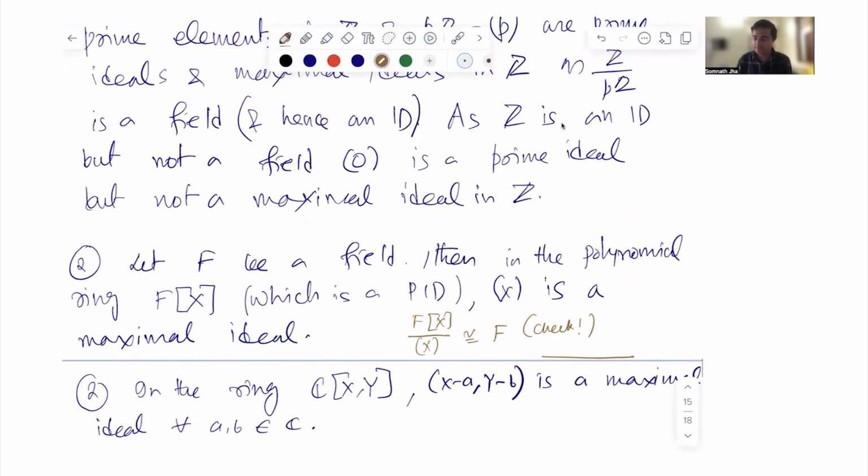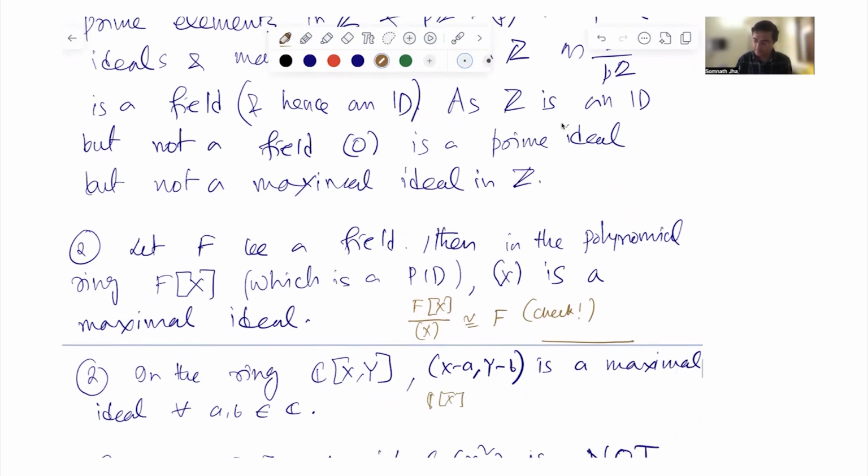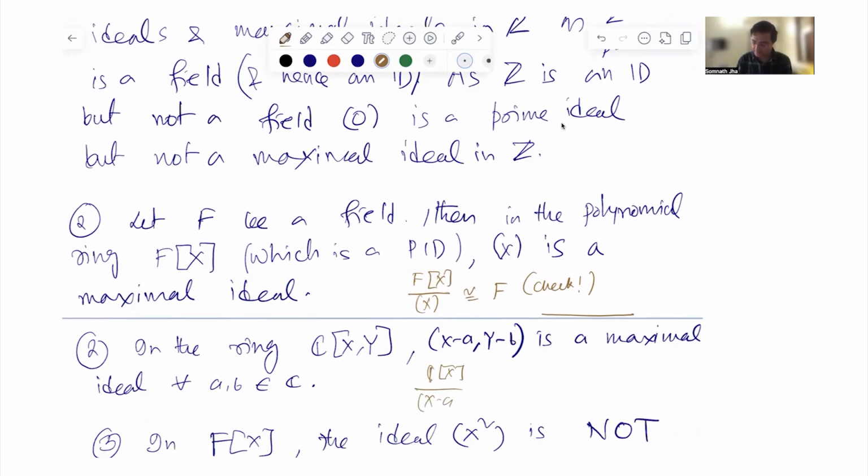Similarly, in the two variable ring C[x,y], you can check that C[x,y] mod (x minus a, y minus b) is isomorphic to C for any a, b in C. So (x minus a, y minus b) are maximal ideals in C[x,y].